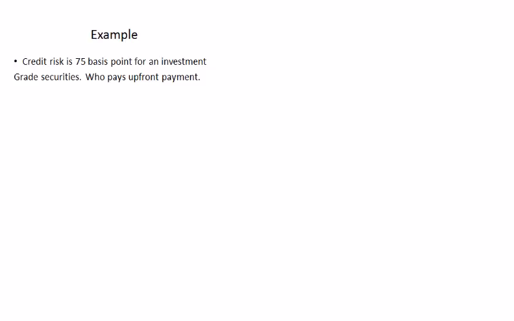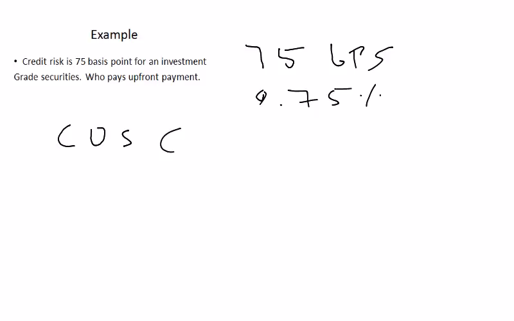Let's look at an example. There is a reference entity whose credit risk is 75 basis points, which is 0.75%. Now as explained before, there is a credit protection buyer and a credit protection seller. This is an investment grade security. So if you remember, for investment grade security, the CDS coupon amount is 1%.